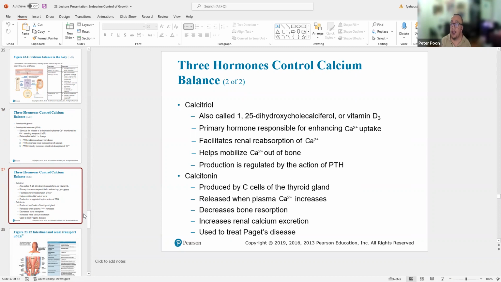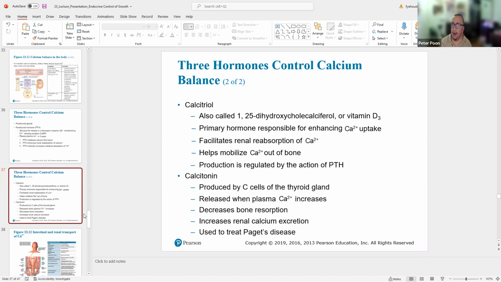Calcitriol is what we generally call vitamin D. Vitamin D helps the action of parathyroid hormone. It enhances calcium uptake from the intestines and facilitates renal reabsorption of calcium. That's why you need a certain amount of vitamin D every day.